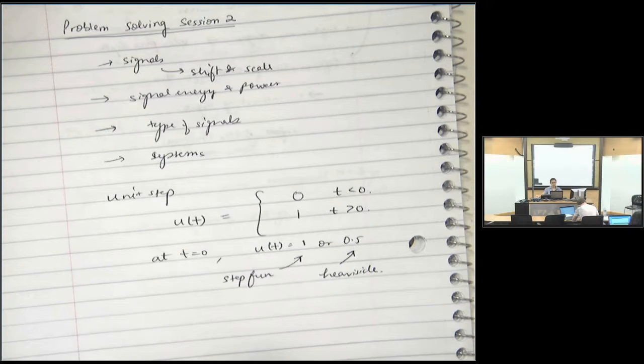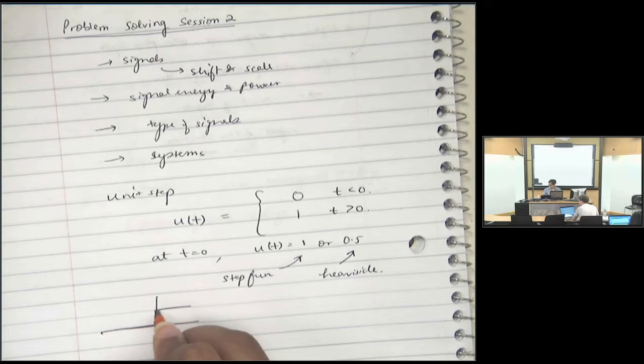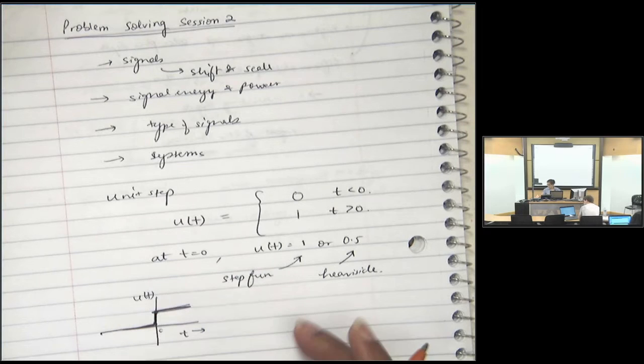So the unit step looks like this. U of t, and this is t, your time axis, this is the origin. Let's see what shift does.